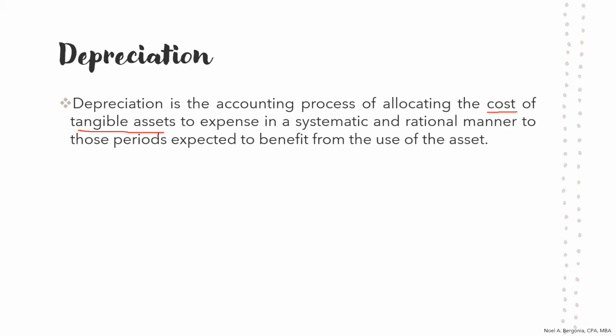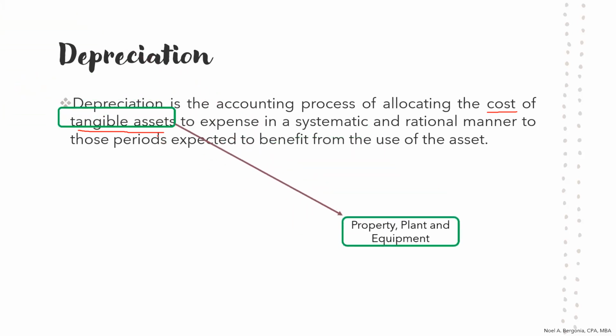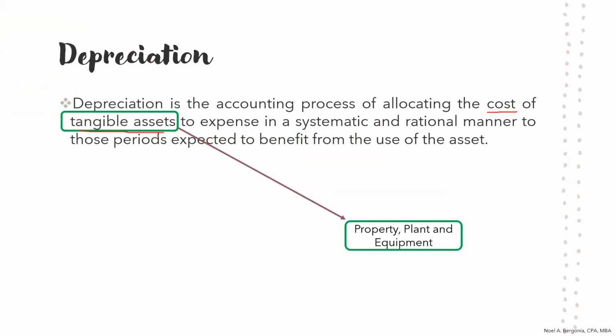So when we say tangible assets, these are assets that can be held, or pwede pong hawakan. Because there are also other assets, the so-called intangible assets, that do not have any physical substance at all. So when we talk about tangible assets in this particular context for depreciation, this actually refers to what we call property, plant, and equipment.